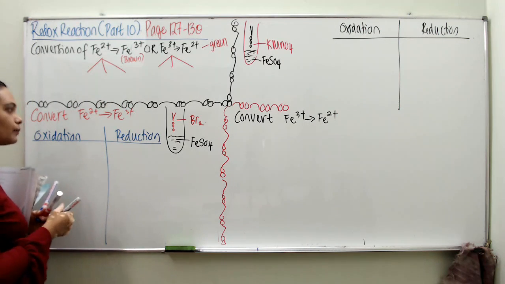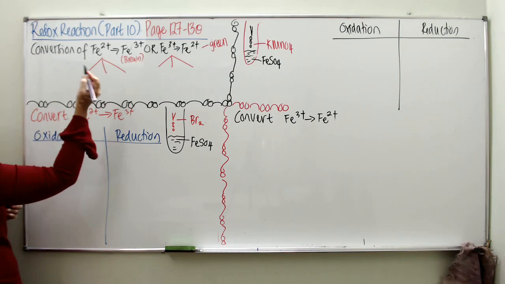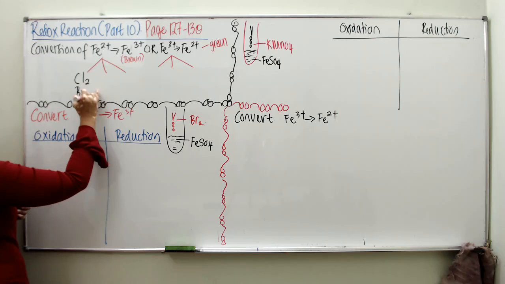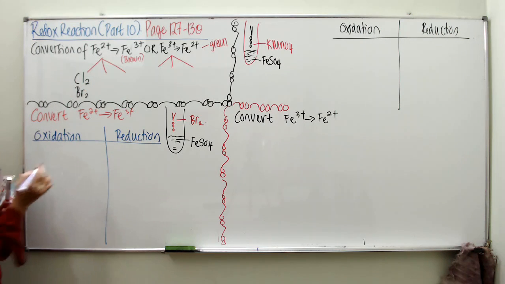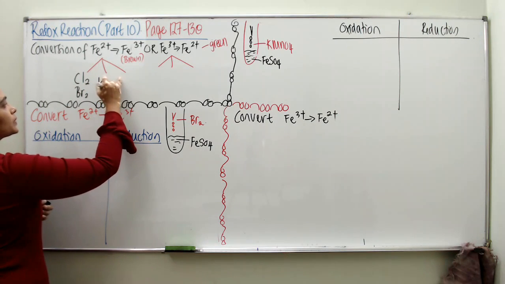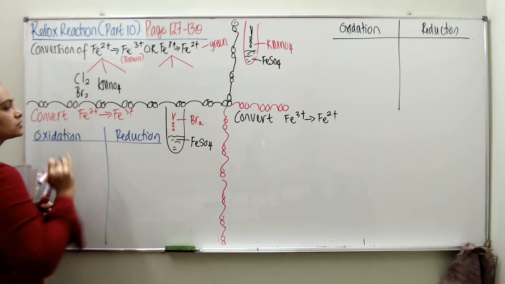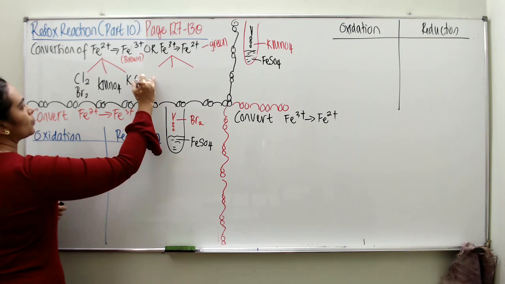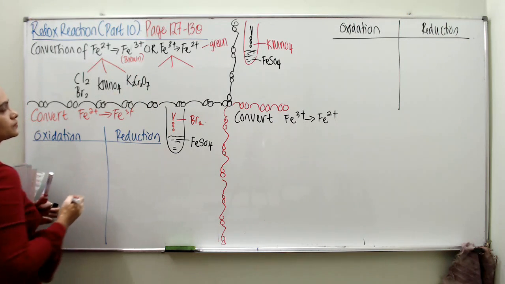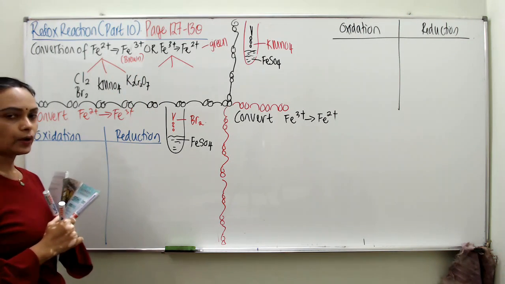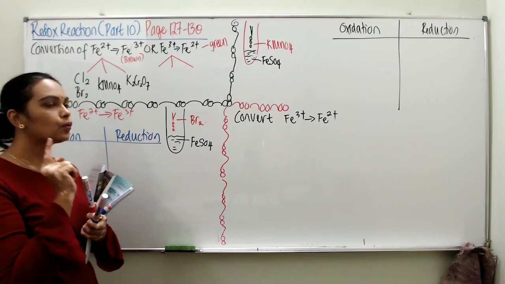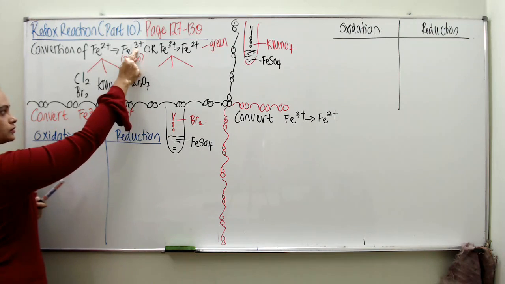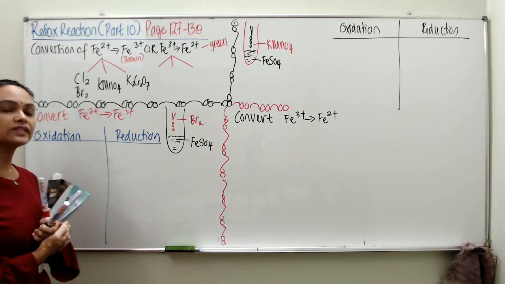A few examples of oxidizing agents are chlorine and bromine. Why does teacher write them together? Because they are halogens. Also potassium manganate 7 solution and potassium dichromate 6 solution. So teacher repeats, if you want to convert iron 2 ion to iron 3 ion, you need oxidizing agents.